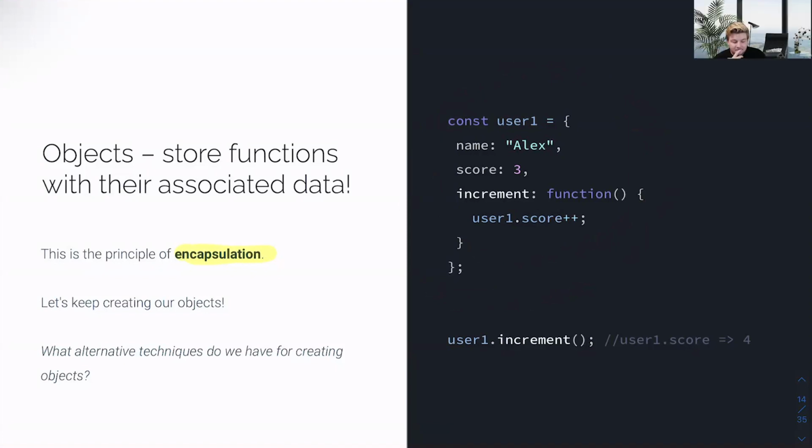Yeah, absolutely. So we've declared a constant user1, and the value, then we open the brackets. So then we have name, we're saying that the value of name is going to be Alex, and that's in quotation marks to specify that it's a string.